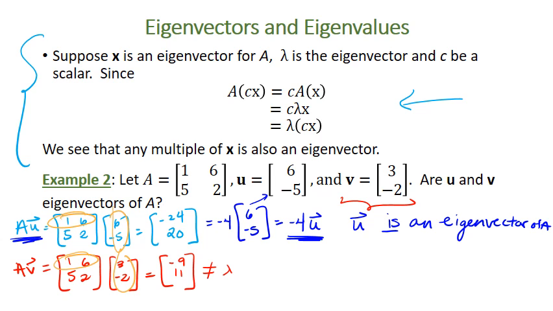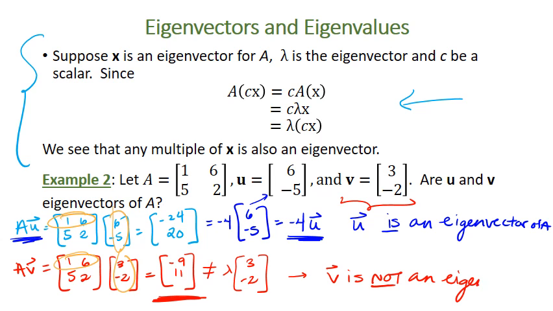There is no lambda that I can multiply by vector V that gives us this vector here. So this tells me that vector V is not an eigenvector of A because this is not a multiple of vector V. Not so bad, right?